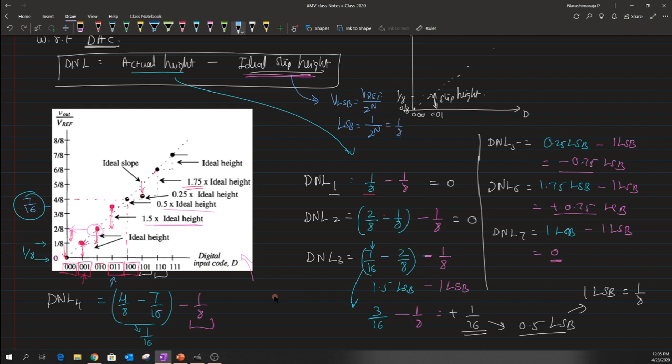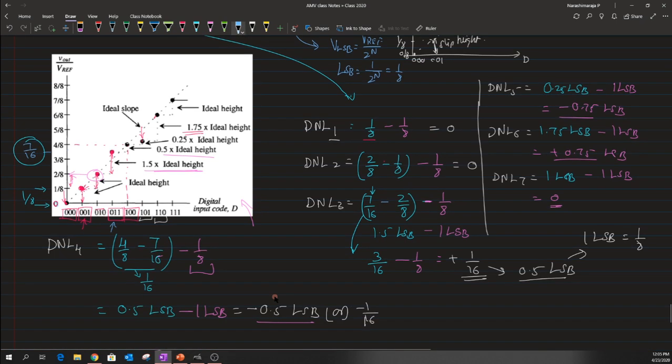Later we identify DNL of 2 by reading out the value of digital data 2, trying to find the point and measuring the height from the previous point. So, from the 001 point, we have to measure to the point of 010, and that gives us the actual height minus the ideal step height, which is always an LSB value.